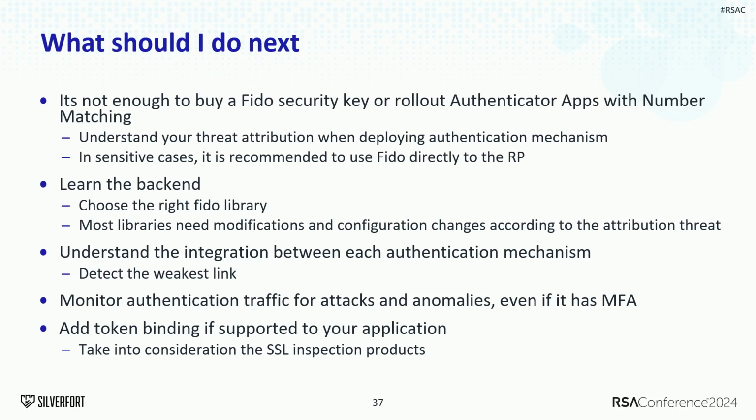And you need to monitor your authentication traffic for attacks and anomalies, even if you have multi-factor authentication. And lastly, add token binding if supported by your application. And if you do that, make sure you take into consideration the SSL inspection products, because we already understood that it may break.